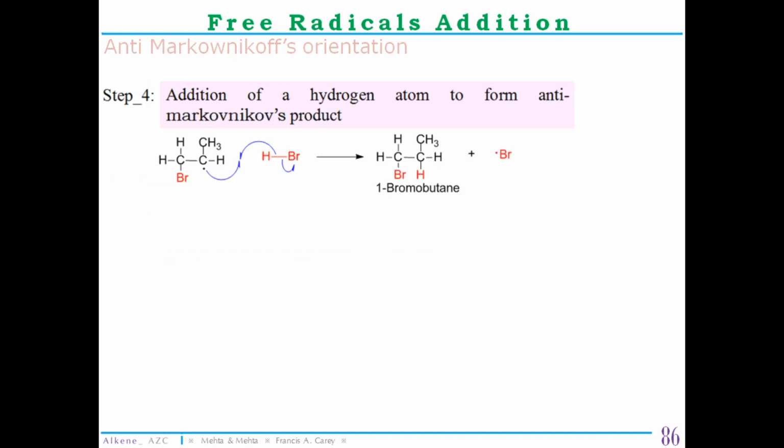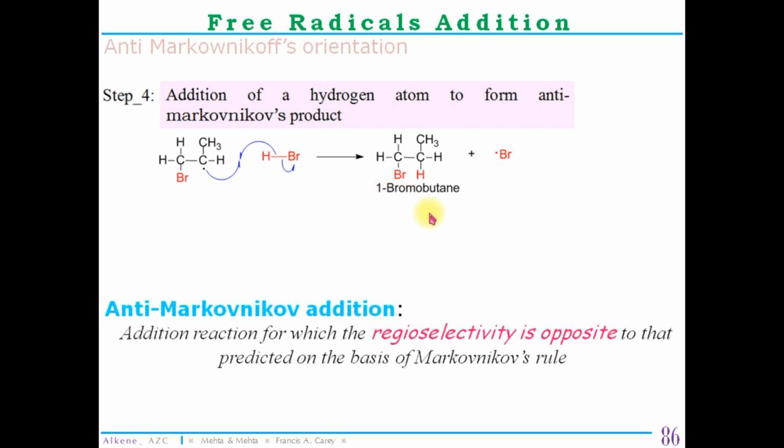Fourth step, that is addition of hydrogen atom to form anti-Markovnikov product. Anti-Markovnikov addition is addition reaction for which the regioselectivity is opposite to that predicted on the basis of Markovnikov rule, and the product which is formed is called anti-Markovnikov product.